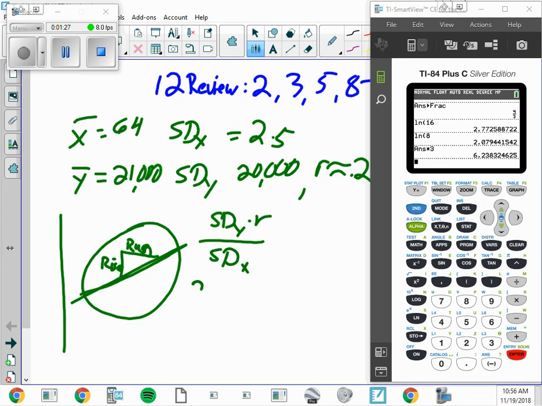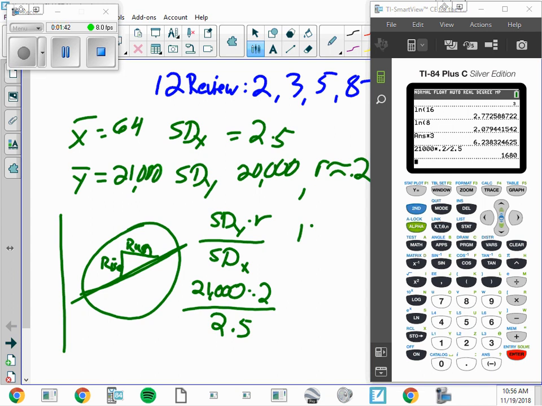So I take 21,000, times that by 0.2, and divide it by 2.5. And I get the number 1680. What does 1680 tell us? It's the slope. Can you put it in context to the story? So down here is height, and up here is income.